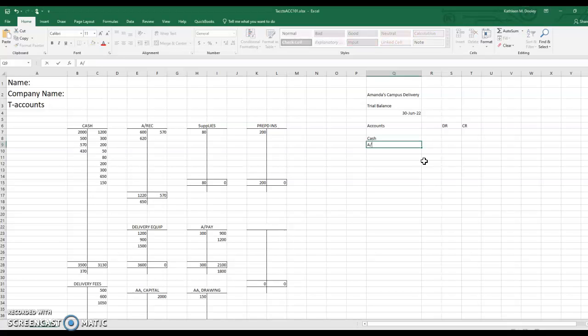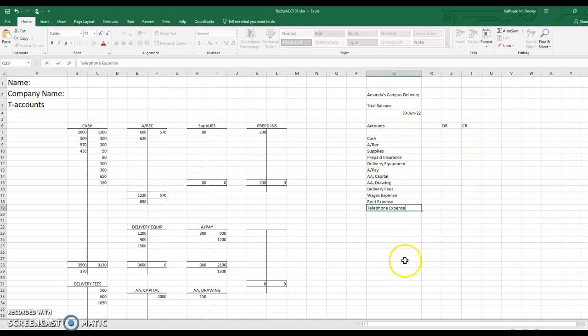So cash, accounts receivable, supplies, prepaid insurance, delivery equipment, accounts payable, AA capital, AA comma drawing, delivery fees, wages expense, rent expense, and telephone expense.